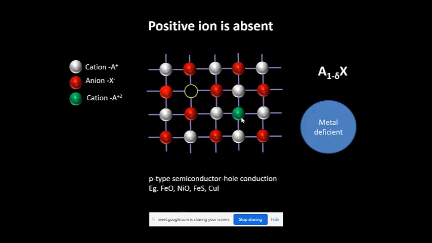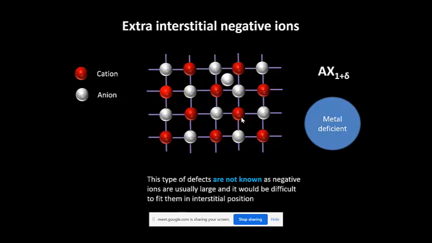So next and last is an extra negative ion at an interstitial position. If this kind of defect occurs, then it will be metal deficient because there will be more of the non-metal ion, something like 1 plus some delta.